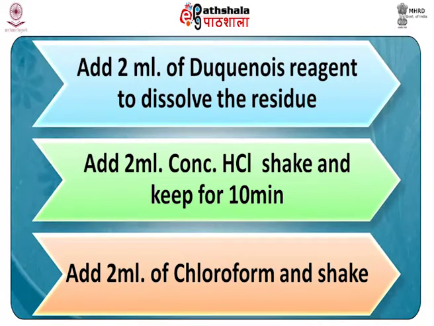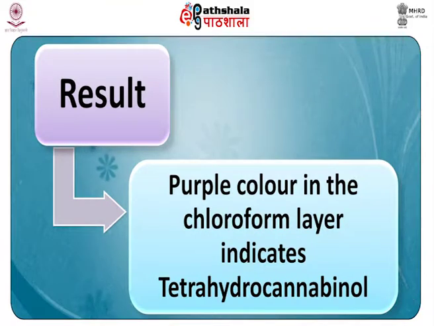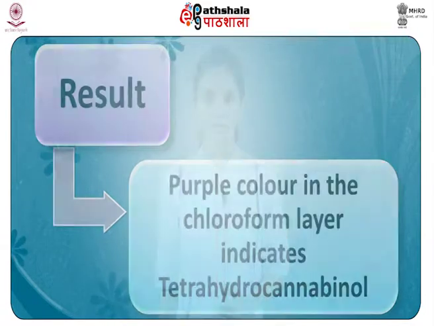Add 2 ml of Duquenois' reagent to dissolve the residue. Add 2 ml of concentrated hydrochloric acid. Shake and keep for 10 minutes. Transfer the solution into a test tube. Add 2 ml of chloroform and shake. Purple color in the chloroform layer indicates tetrahydrocannabinol.